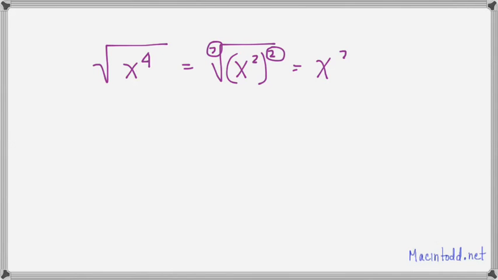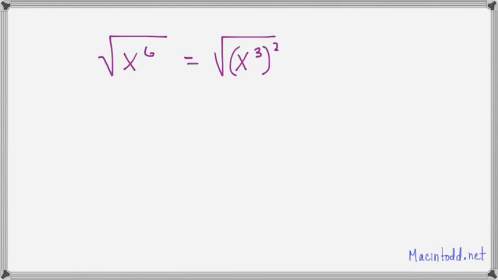Now finally we have to get into a few specific details that we haven't discussed yet, and that would be something like x to the 6th. Now, we already have seen that that's an x cubed squared, which is x cubed. However, there's a slight problem with that answer. And the logic behind it goes like this.